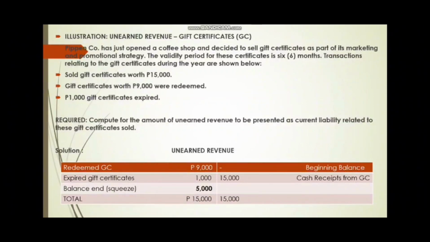We also include the expired gift certificates of 1,000. To get the ending balance or squeeze amount, since there is no beginning balance, bring down 15,000, and both sides should be equal. So you take 15,000 minus 9,000 minus 1,000, and the squeeze amount or ending balance as of that year is 5,000.